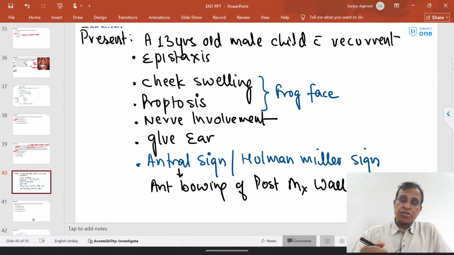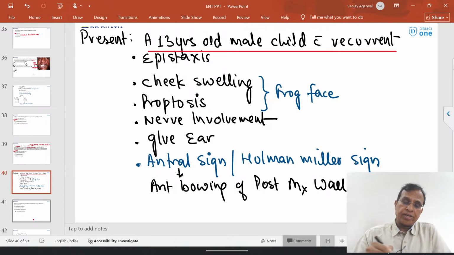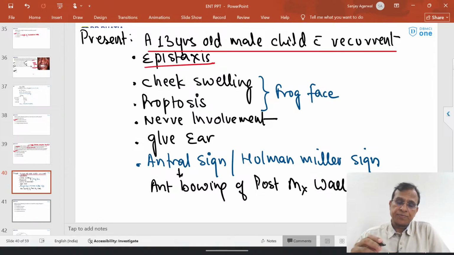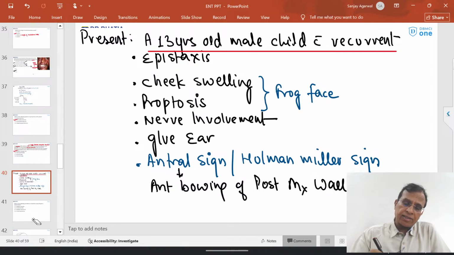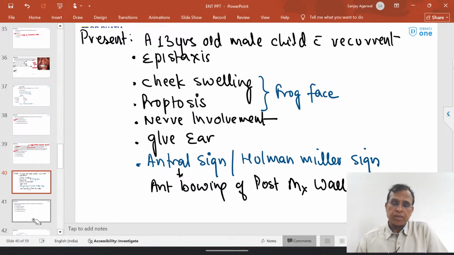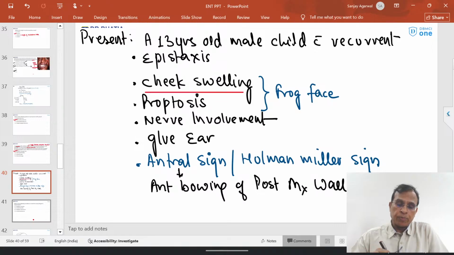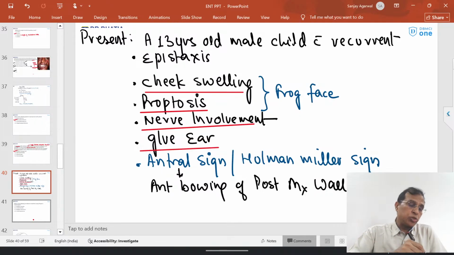See, JNA की history हमेशा ऐसे होती है. It's usually a 13-year-old young male. See, young male with recurrent epistaxis, and a similar history was there. Along with that, there could be cheek swelling, there could be proptosis, there could be nerve involvements. And two signs.